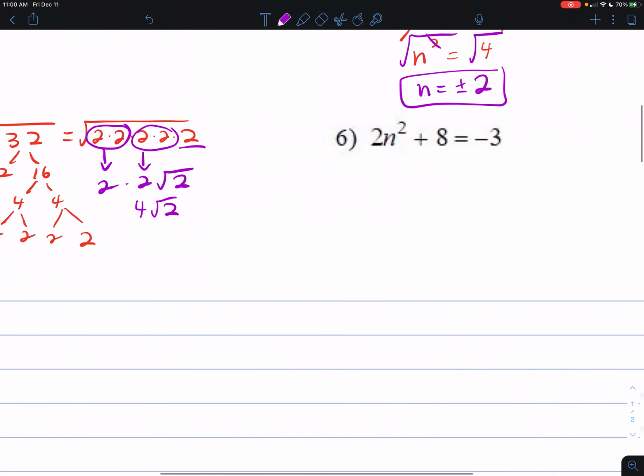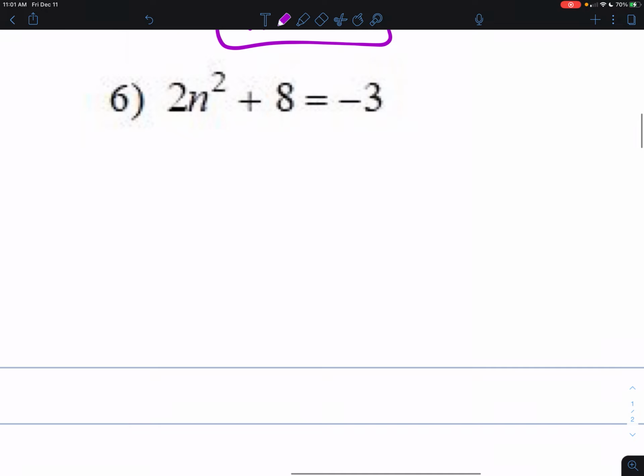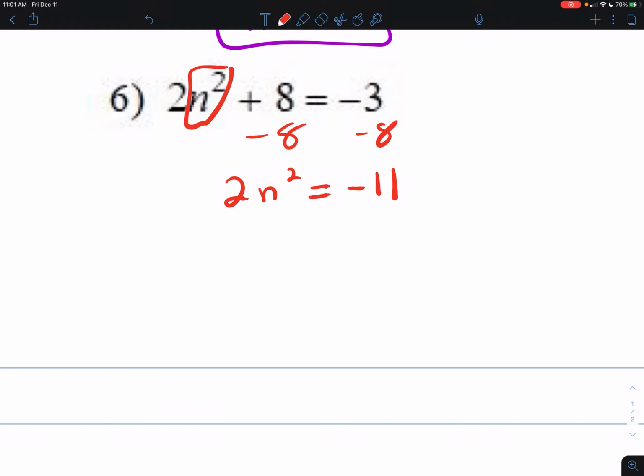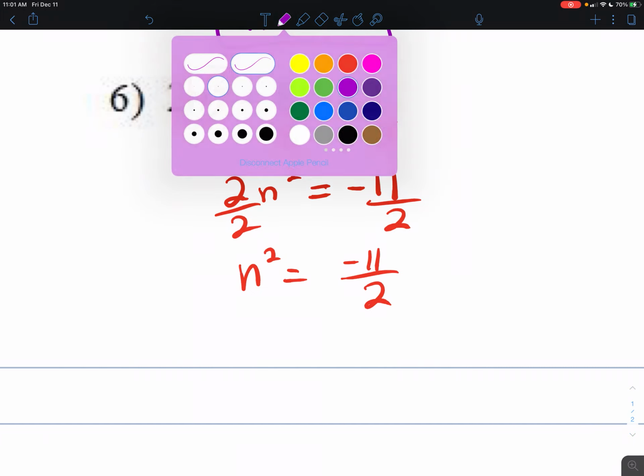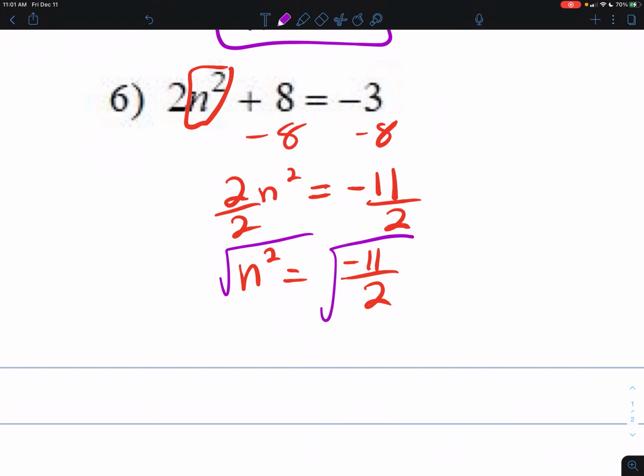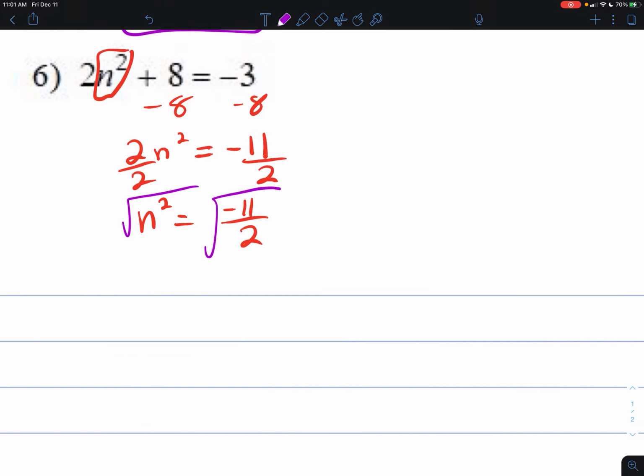Okay, number 6. Solving for n, subtract the 8. We get 2n squared equals negative 11. Divide by 2. n squared equals negative 11 over 2. We need to take the square root. So we're going to have n equals plus or minus something.